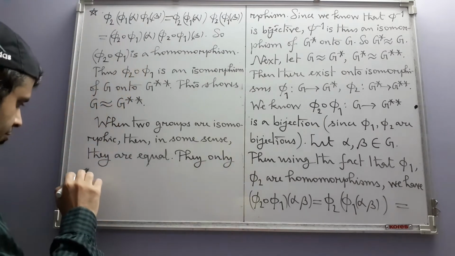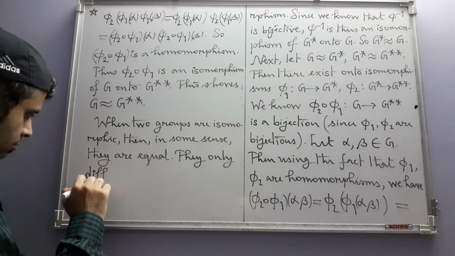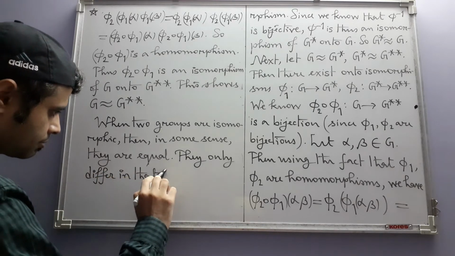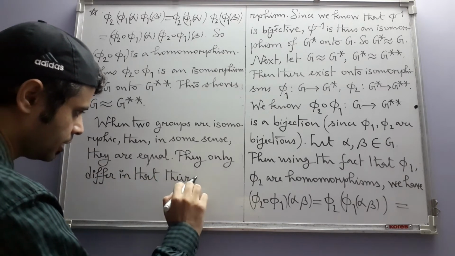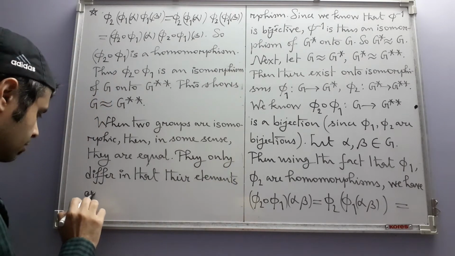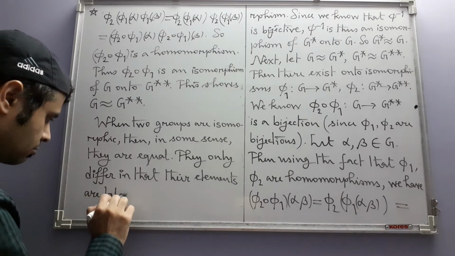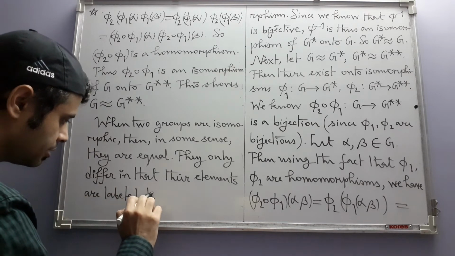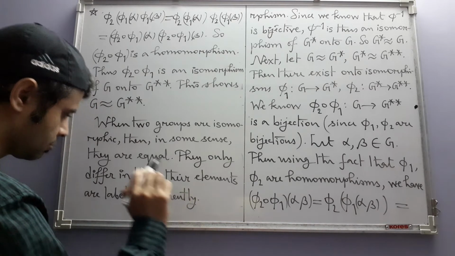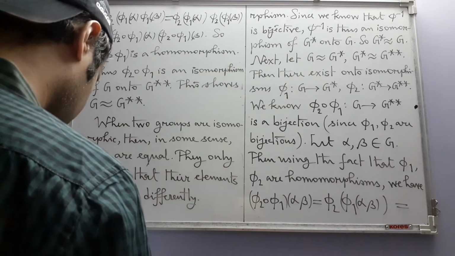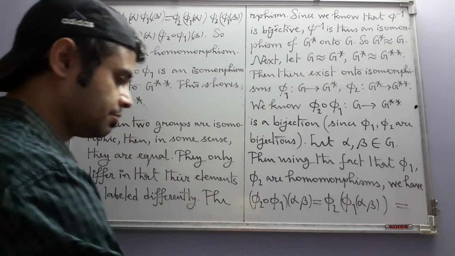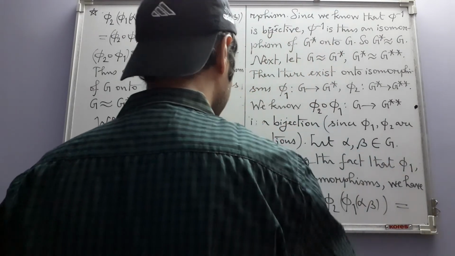They only differ in that their elements are labeled differently. The isomorphism gives us a key to this labeling.